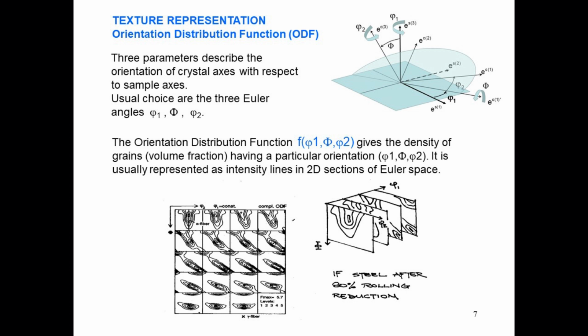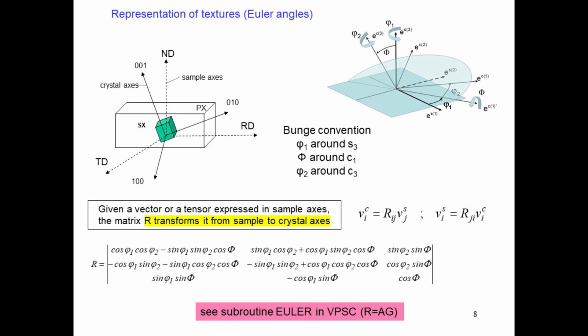What we are going to be dealing with is pole figures. So here I'm coming back again to how you represent a crystal with respect to the normal direction, rolling direction, transverse direction. Here are the three Euler angles that I mentioned previously, and because a vector is a tensorial quantity, we can rotate the vector from one system into the other.